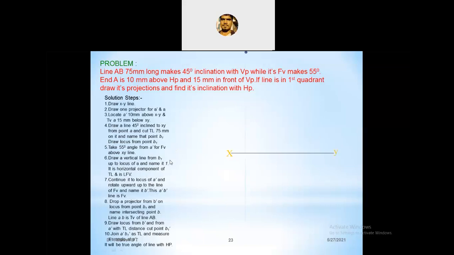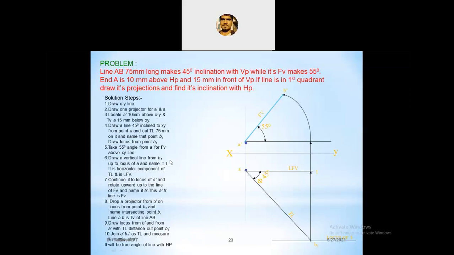See, I told XY, VP, HP, A dash, then the angle 40, 55, then cut the true length, then project, then arc, apparent length. We will get a front view.